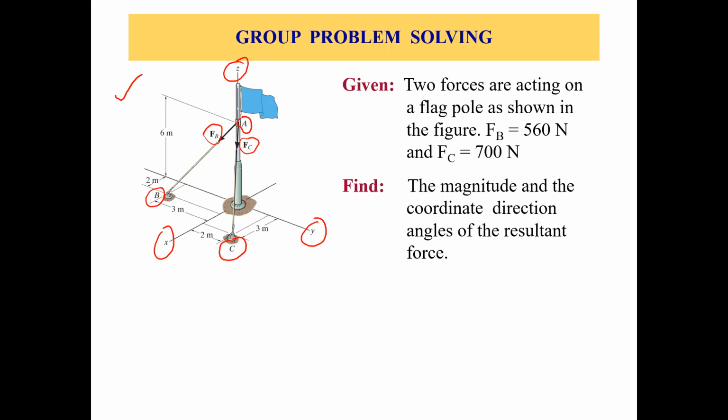All right, so let's come back to the statement. What is given? Two forces are acting on a flagpole, as shown in the figure. FB equals 560 newtons, FC equals 700 newtons. So we have these two forces acting at point A on this flagpole. Now, what we need to do is find the magnitude and the coordinate direction angles of the resultant force.